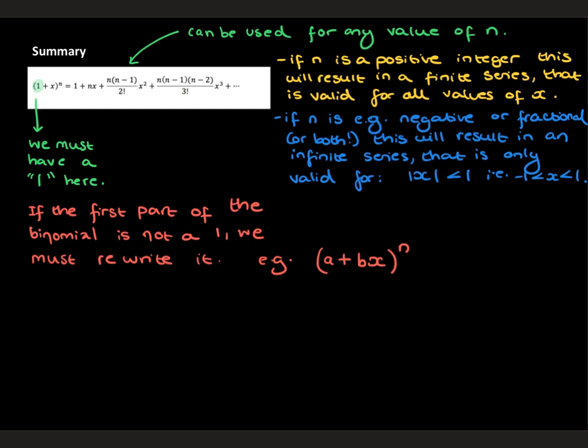So, as we've done in the previous examples, we would have to put in our large square bracket like this. We then take this part here, a plus bx, and we factorise out the a. So we have 1 plus b over a x. Each part then needs to be raised to the power of n. So this factor here, a, is raised to the power of n. And we then have this part over here also raised to the power of n. So we now have a 1 here.